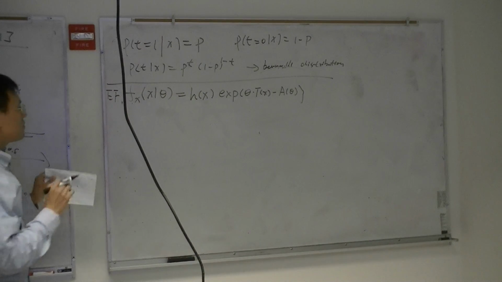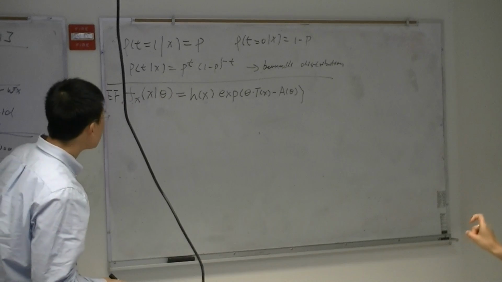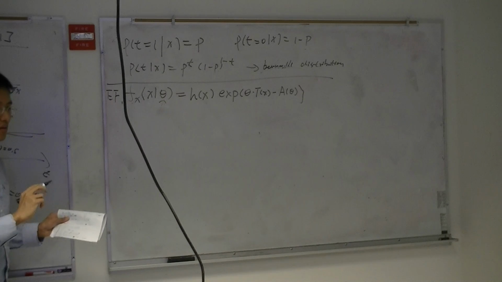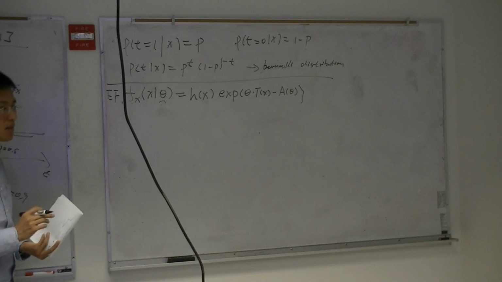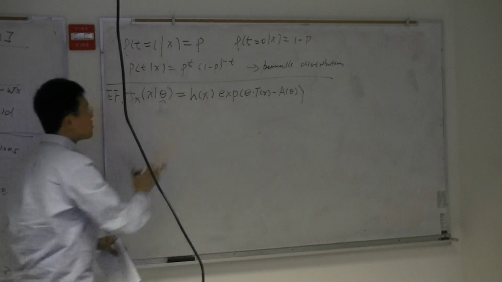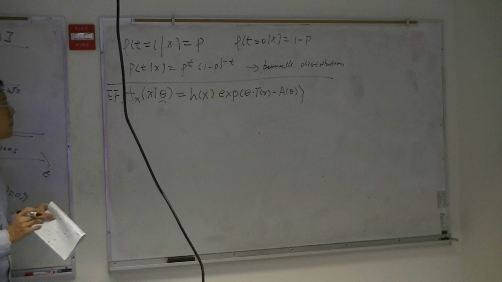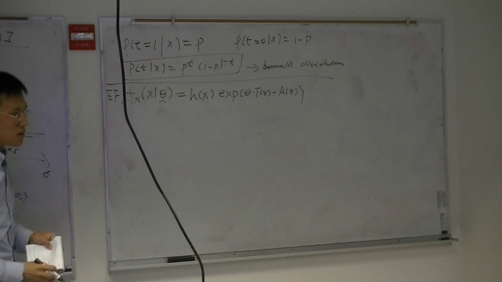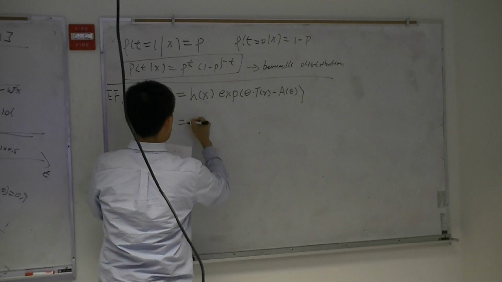It's a function of x, and here is another function of theta. So any distribution, if it can be expressed in this form... What's theta? Theta is some parameter. It's the parameter of your distribution. So for example, for a Gaussian distribution, we have the mean and the variance as parameters, and x is the variable. So any distribution that can be expressed in this form belongs to the exponential family. So we can express the Bernoulli distribution also in the exponential family form.